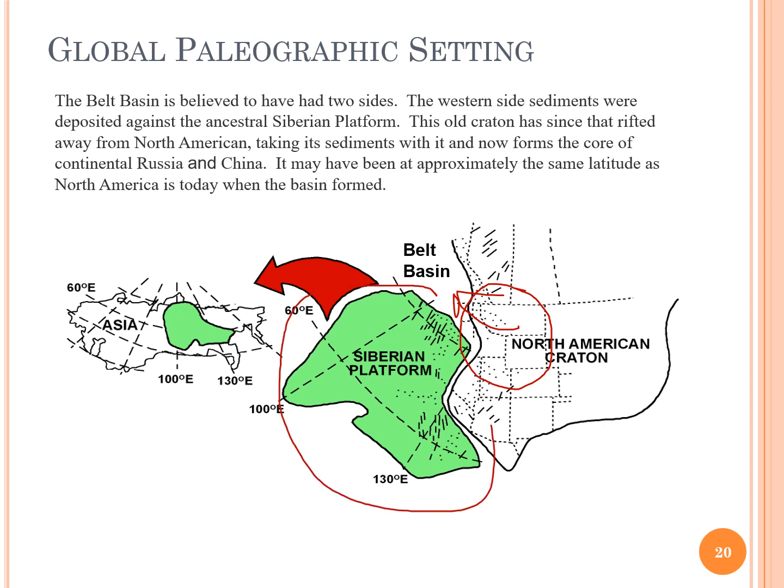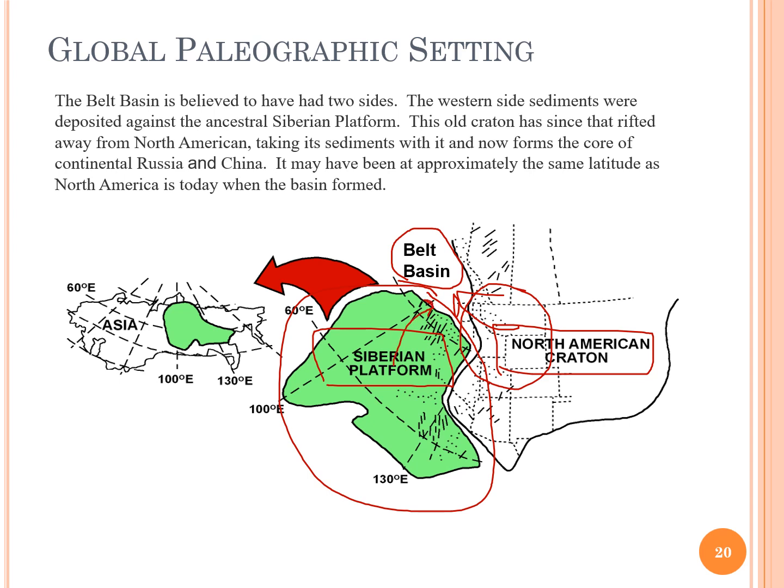Well, some people think it actually was Siberia, and that 1.5 billion years ago, this piece of what's called the Siberian platform or craton was abutting the North American craton or continental mass, and that between them lay the Belt Basin. This Belt Basin was being filled in strongly from the North American side, but it would have had some fill in from the Siberian west side.